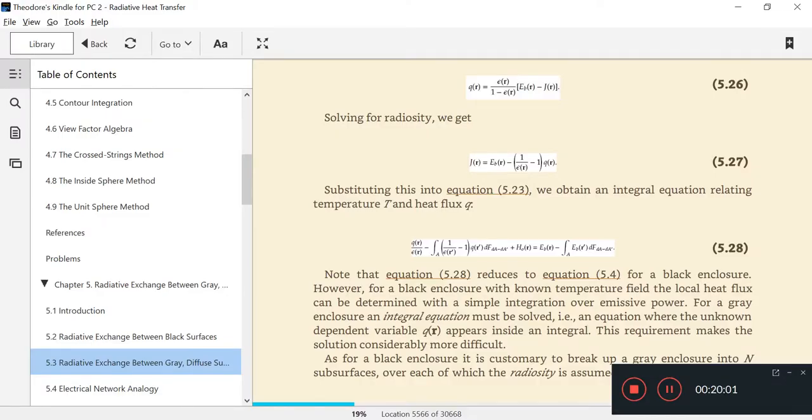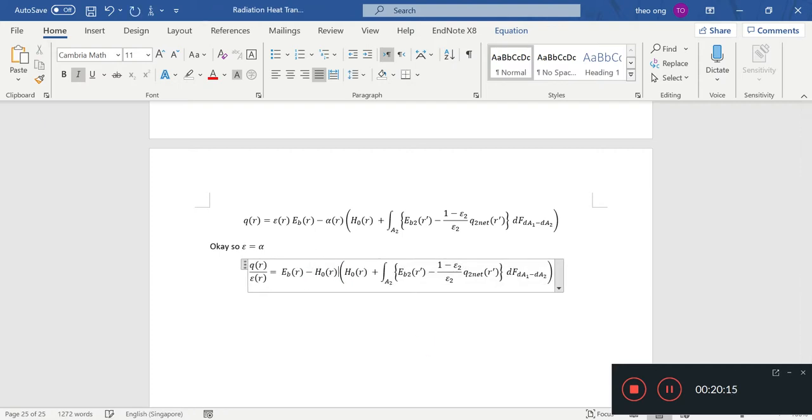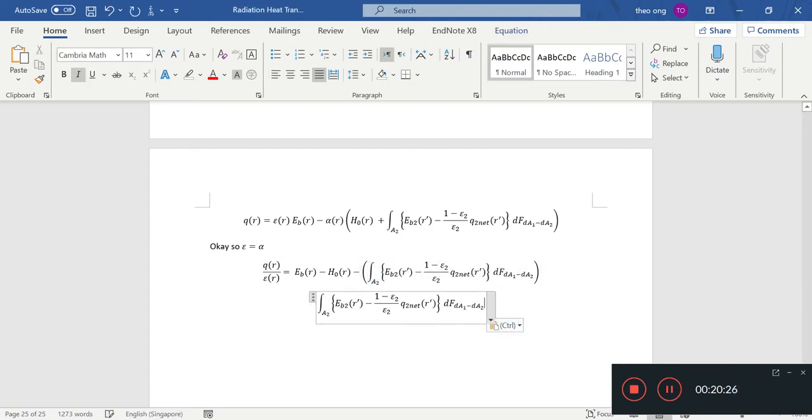Alright, and then here we have two separate integrals, right? So let's simplify this. I'm going to take the h_0r out because that's kind of redundant. And now I want to separate out these two integrals. So I just put the negative in front, and I'm going to copy and paste both of these over.